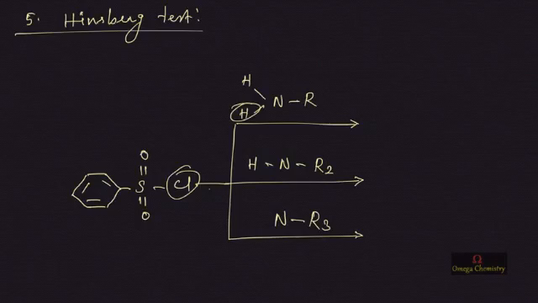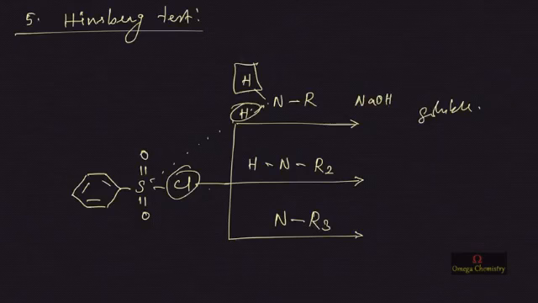A new bond will form between this nitrogen and sulfur, and the remaining hydrogen will now be acidic. So when I add sodium hydroxide in alkaline solution, this hydrogen will be removed and the precipitate is soluble. So when I add a base like sodium hydroxide or potassium hydroxide, if the precipitate is soluble, then I can say that it should be a primary amine.